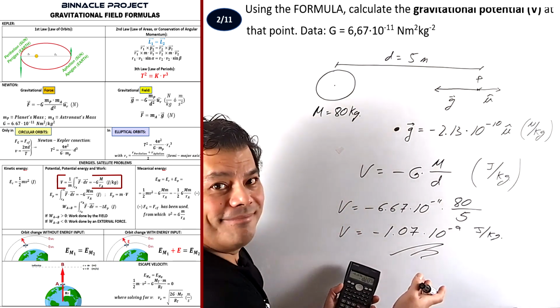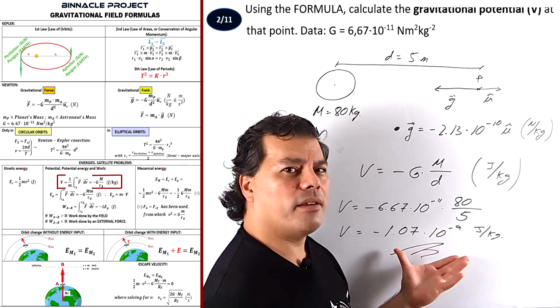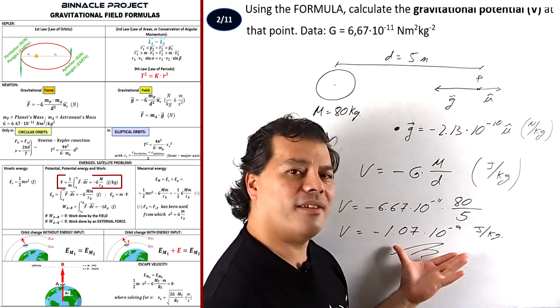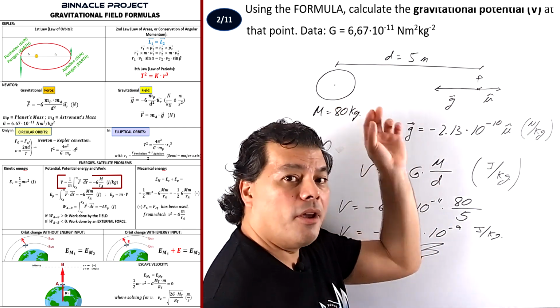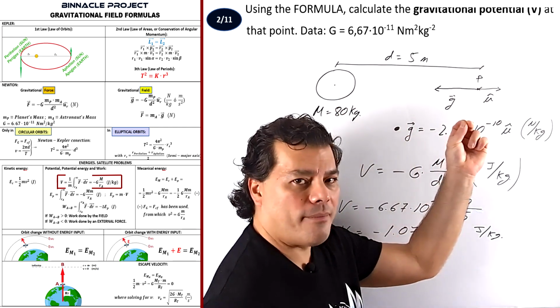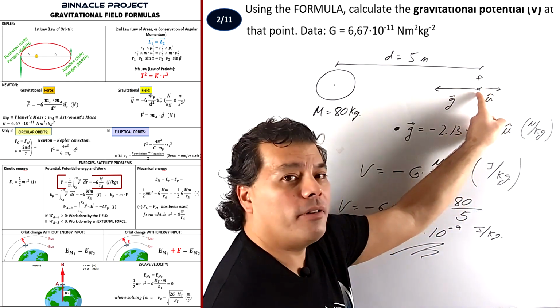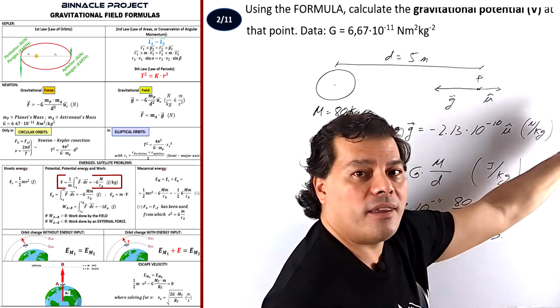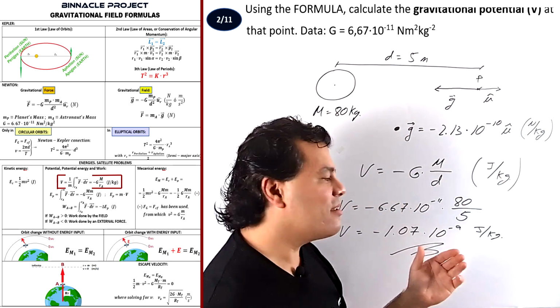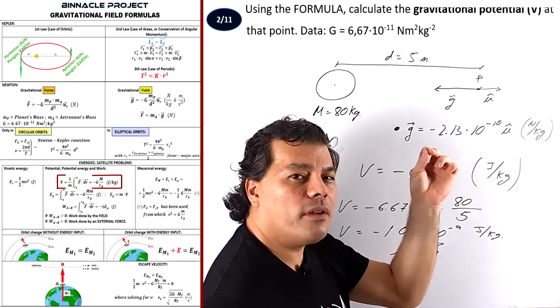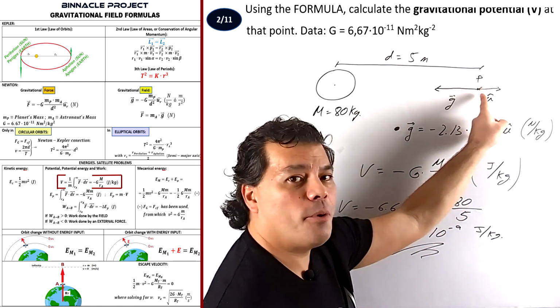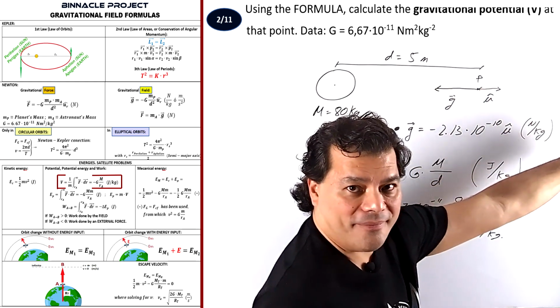And that's it. And what does this magnitude mean? What does this number mean? It means the work done by this mass to move 1 kilogram of mass from point P to the infinity. Okay, I repeat. This is the work done by this mass to move 1 kilogram of mass from this point to the infinity.